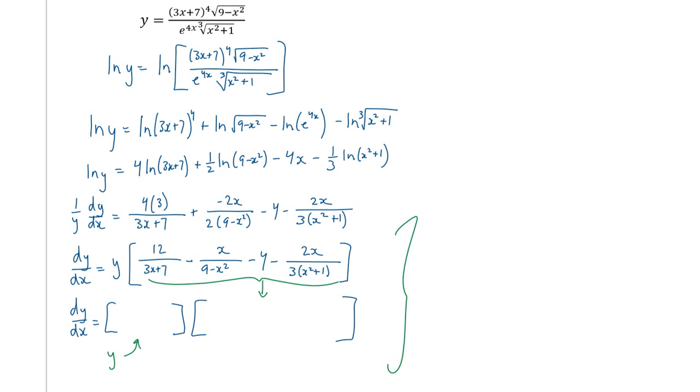We'd have to get a common denominator and do all sorts of crazy stuff, which we could do. That wouldn't be the hardest thing, but it would be a lot. And who knows what it would look like if I took the derivative of that and tried to clean it up. So that's not really something that we worry about.